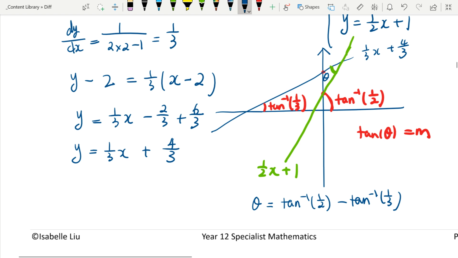The exterior angle, the outside angle, is the sum of the two inner angles not next to it. So theta plus that gives you that, so that minus that gives you theta. Put that into the calculator. Make sure it's in degree mode or convert it into degrees later, and you should have your answer correct to 1 decimal place.